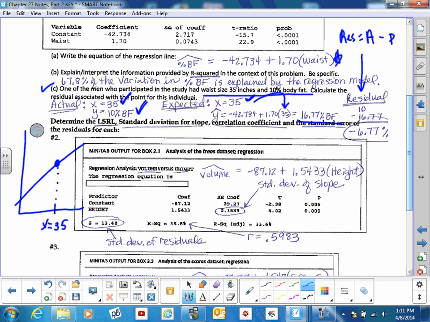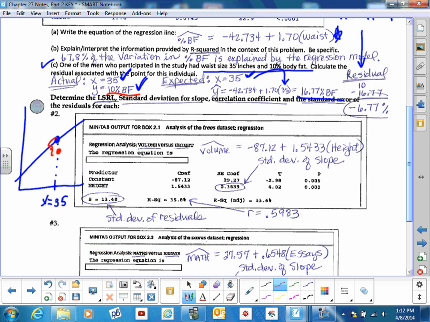After I do that, I realize that his actual value was right here at 10% body fat. So then I can tell what this residual is. His actual minus predicted is negative 6.77%. So he is 6.77% below the percent body fat that's predicted for him.